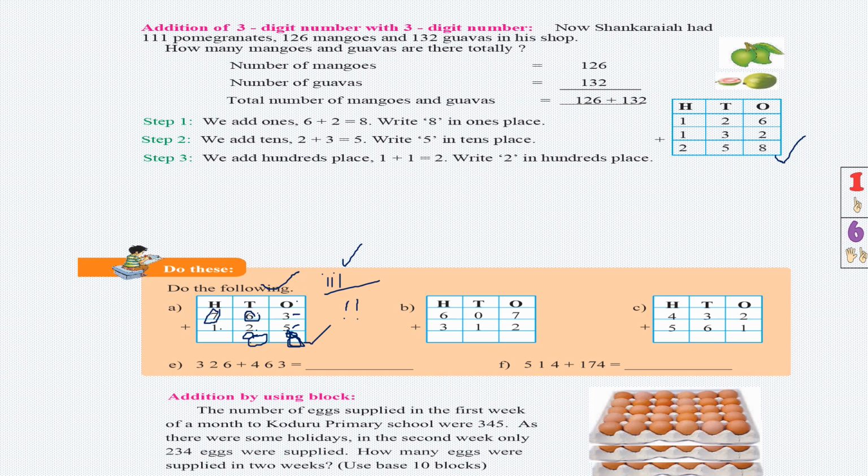And 1 is in ones. 7 in the mind, 1 on the finger. After 7 it is 8. So the answer is 888. Correct? Very good.